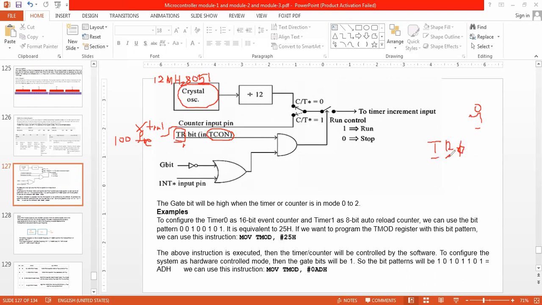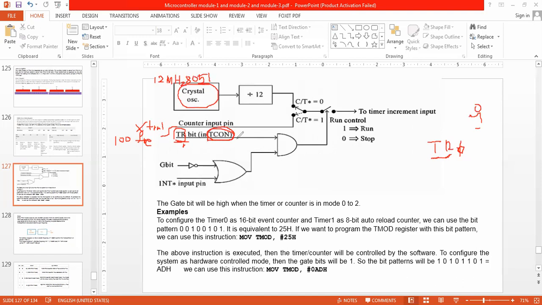So TR stands for timer run. It means it starts the register value being incremented by 1 automatically. So it is the timer run register, a run bit present inside the TCON register.